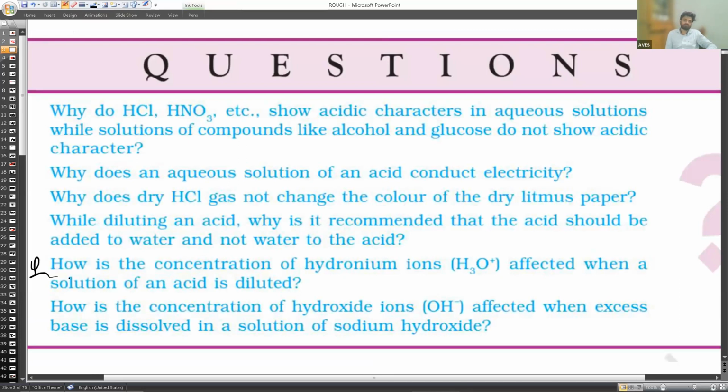This question: how does the concentration of hydronium ion get affected when acid is diluted?